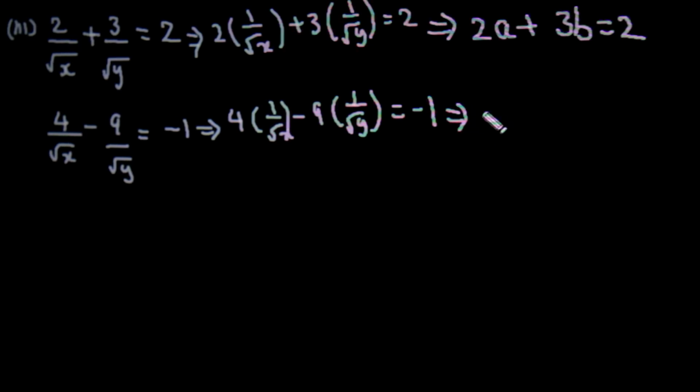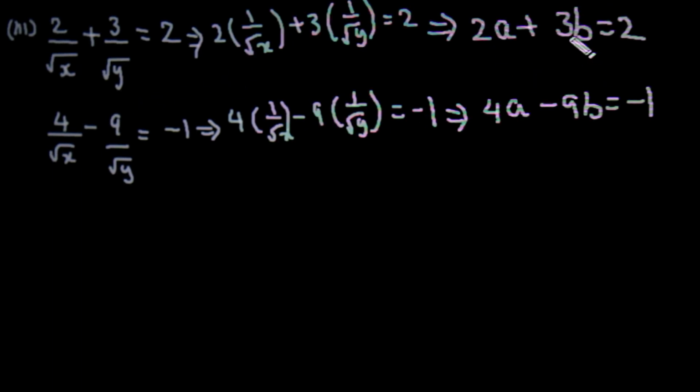Got it? 4 into 1 by root x is a, 9 into 1 by root y is b, so 4a minus 9b is equal to minus 1. These two equations you have to solve to get a and b. After that you have to find the value of x and y. That is the end of the problem.